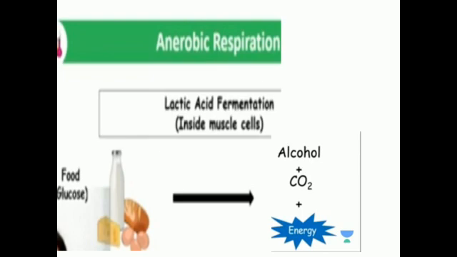The second point is breakdown of food: complete breakdown takes place in aerobic respiration, whereas in anaerobic respiration it is not complete. The end products in aerobic respiration are carbon dioxide, water and energy, whereas in anaerobic respiration they are carbon dioxide and alcohol. The fourth is the amount of energy: a large amount of energy is released in aerobic respiration, whereas in anaerobic respiration a small amount is produced.